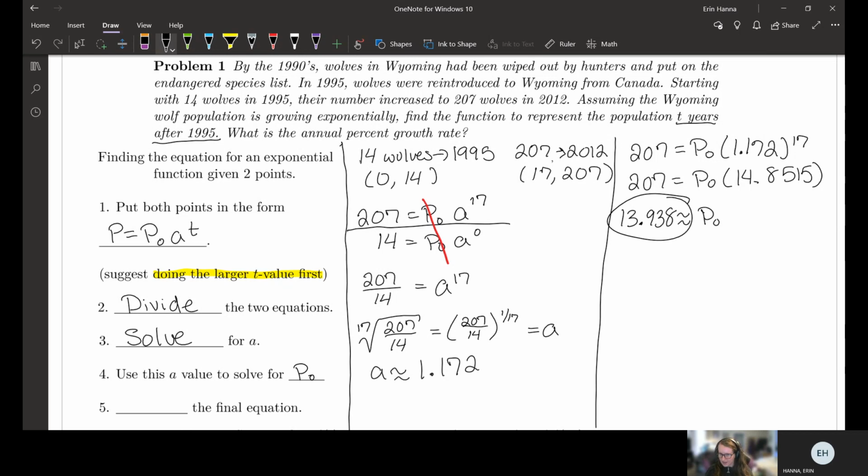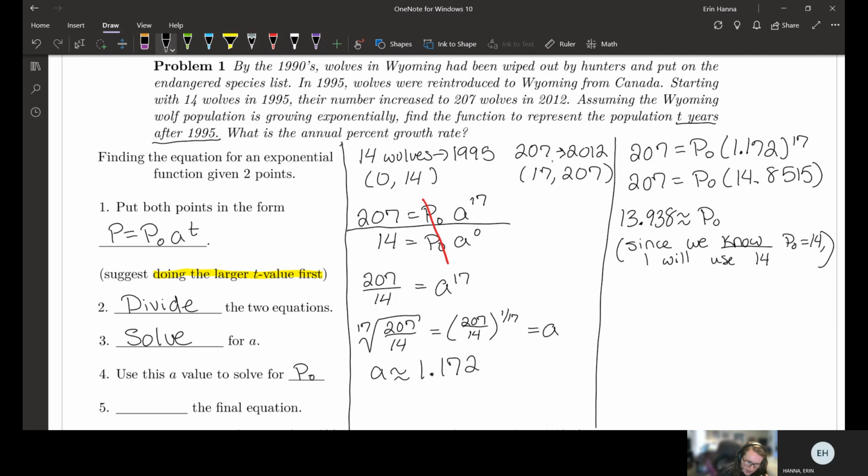And that's okay. This is still going to get us a decent approximation of this function. Since we know P naught is 14, we'll use 14. But again, sometimes you don't know P naught from the information you're given, so you have to use this process, and I want you to see it.